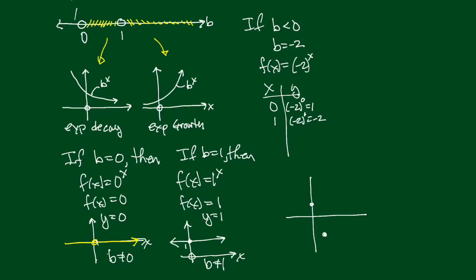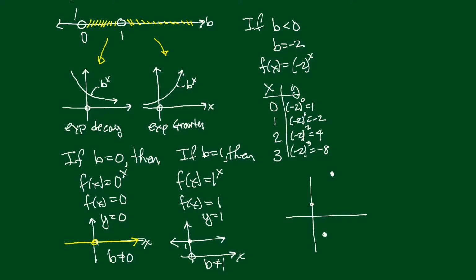What if you put in 2? You get -2 to the 2. -2 squared is 4. So if we go out to 2, we're up at 4. And then if we go out to 3, we get -2 cubed, which is actually -8.